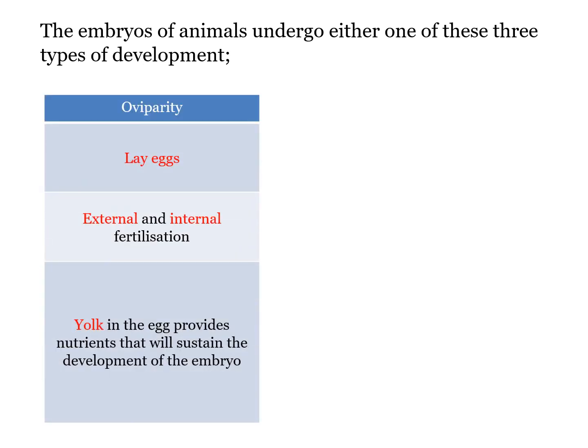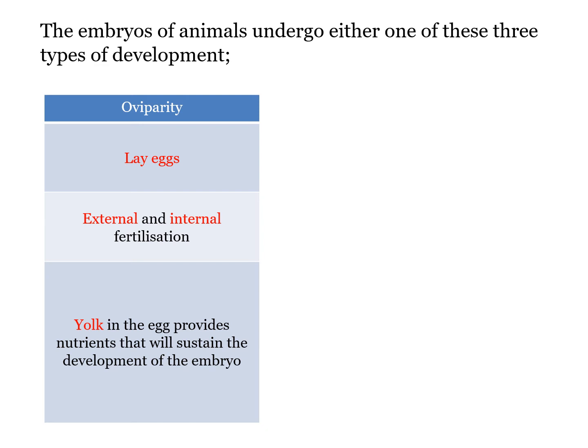The first one is Oviparity. Oviparity is a development that involves laying eggs. Sperm and egg cells may unite in or outside of the female's body. Once fertilization happens, the zygote and then embryo will develop inside of the eggs.